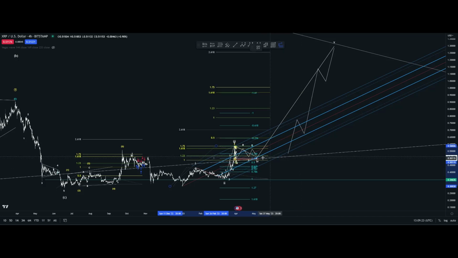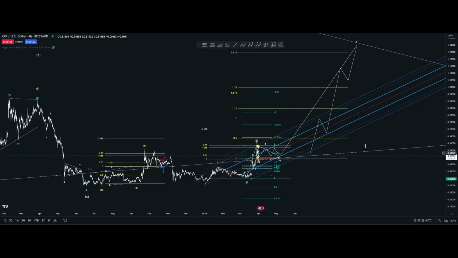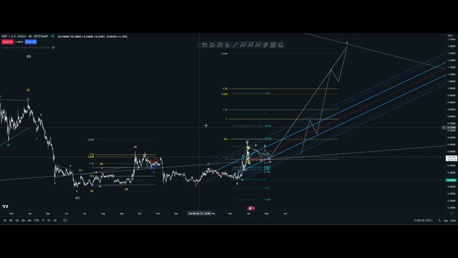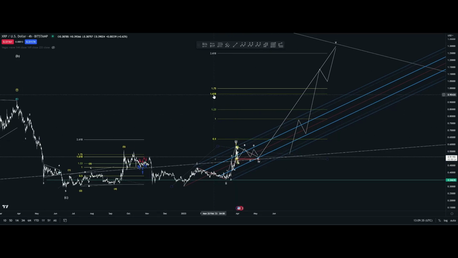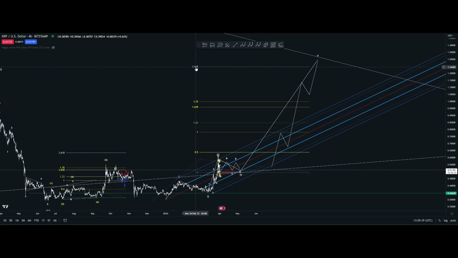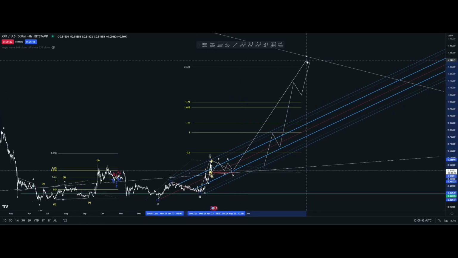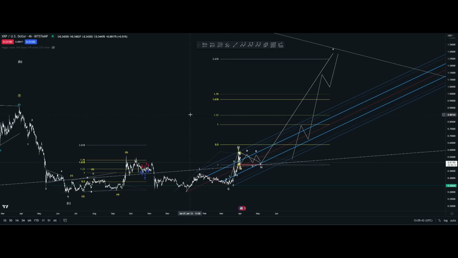Let's assume that the fourth wave is going to be somewhere here, like here where it landed already. And your targets are going to be 1.618 to 1.75 or 2.618.